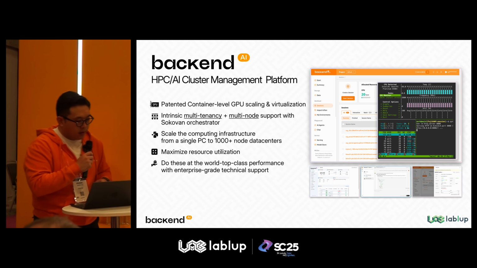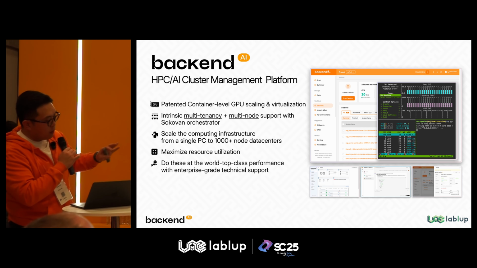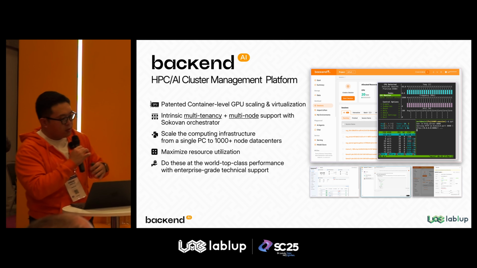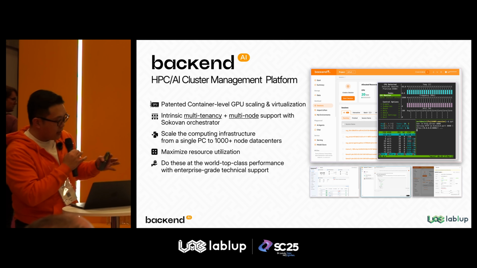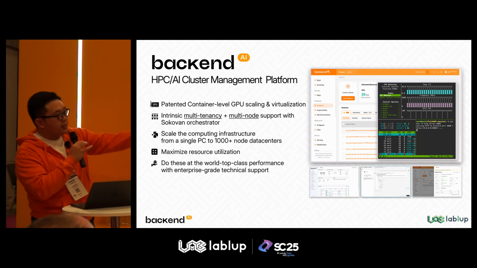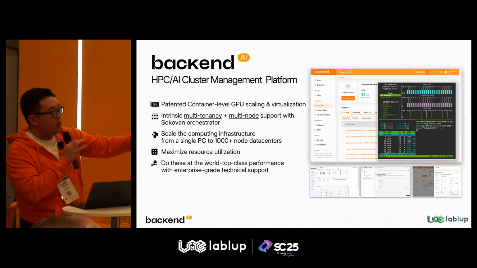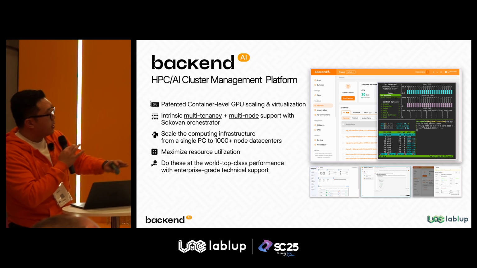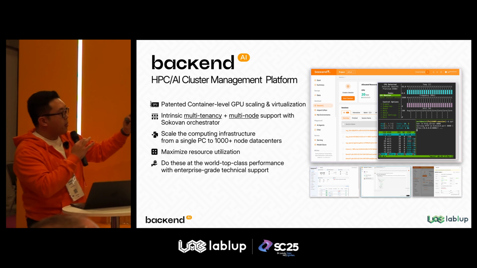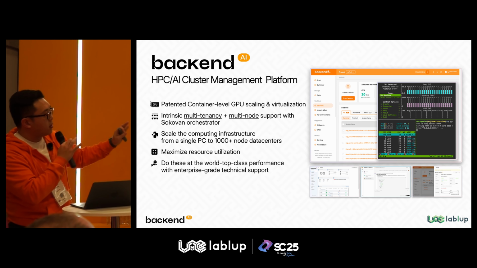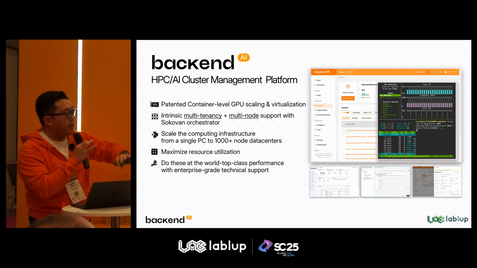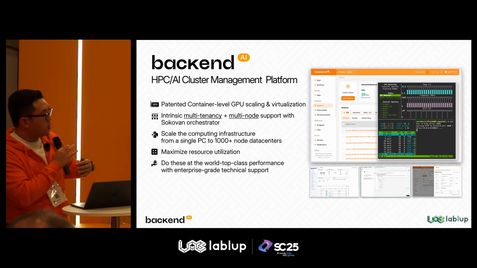So we've talked about the stories, but let me briefly summarize what Backend.AI is. You can access it directly through the GUI, or through the CLI. At a low level, we have a patented container technology called container-level GPU scaling and virtualization.